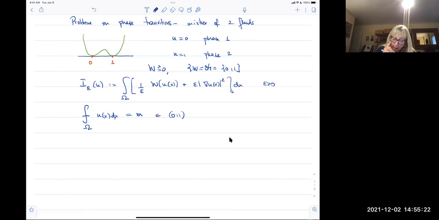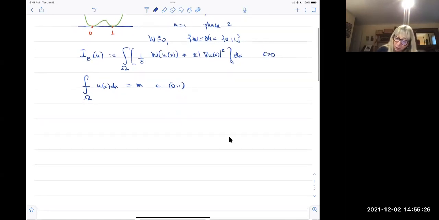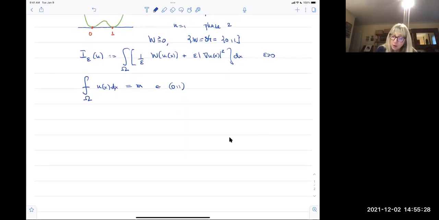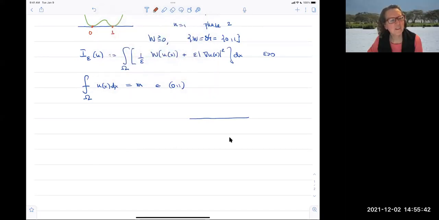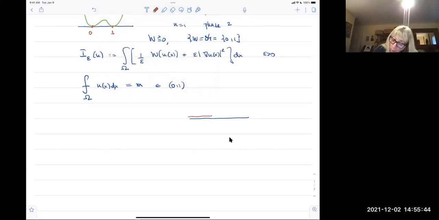Epsilon is small, and the way to think about it, as I'm just recapping what we did before, is that u is not going to be sharp 0 and 1, but it's going to go from 0 to 1 in a smooth way. Of course, it wants to be most of the time at 0 or at 1, so you want it to be like a 0, like a 1.